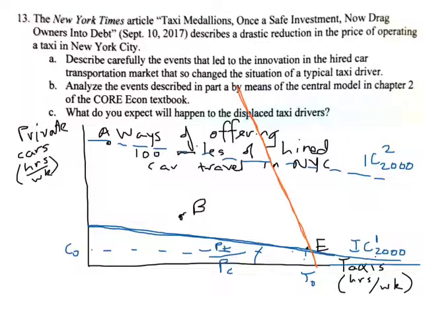So initially people hadn't thought it through and didn't take the opportunity to rethink how they offered private car travel. So we're still at E, but at these much different relative prices for taxis and private car use.